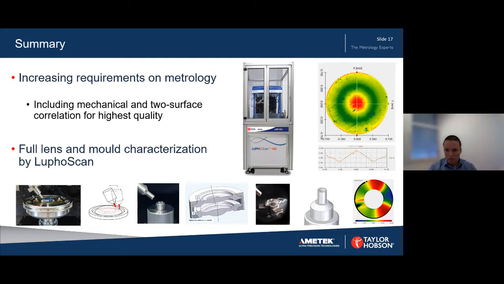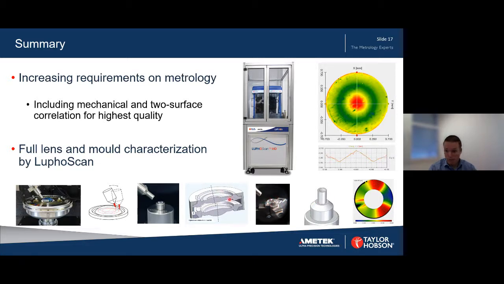And yeah, I've shown you a standard measurement of a surface. We measured the mechanical references. I've shown you an example of a mold where we can measure the tilt and the off-center. We've seen a standard lens with two reference surfaces.